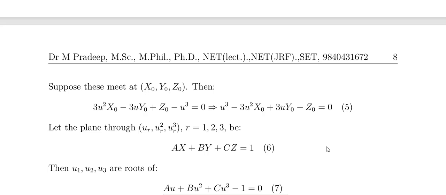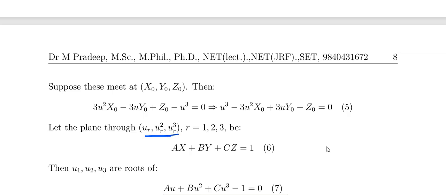Then replace x with x naught, y with y naught, z with z naught. So when I express this, u cube minus 3u square something plus 3u minus z naught equal to 0.